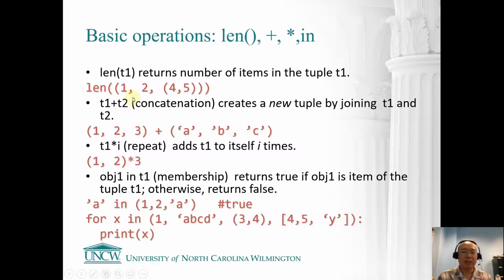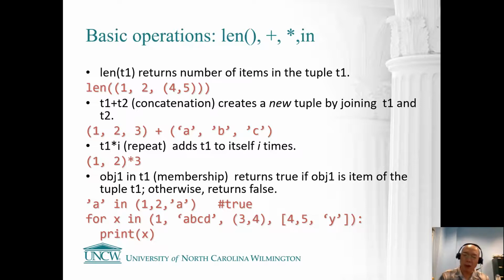The len will tell you how many items you have at the top level. That is the part I want to remind you. For concatenation, we are just concatenating two tuples together. And with the in operator, you can check whether a value is a member of a tuple. So you have already done that.